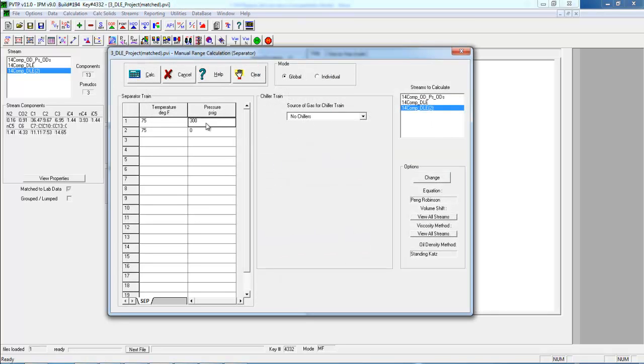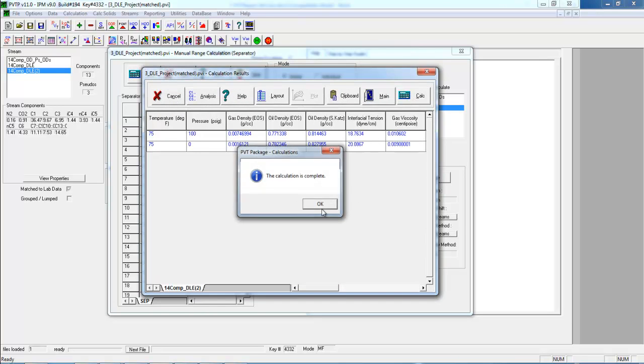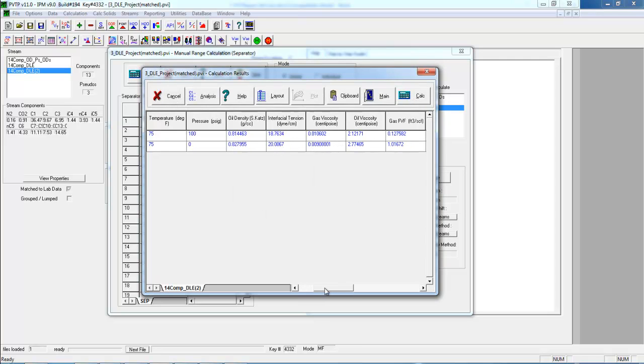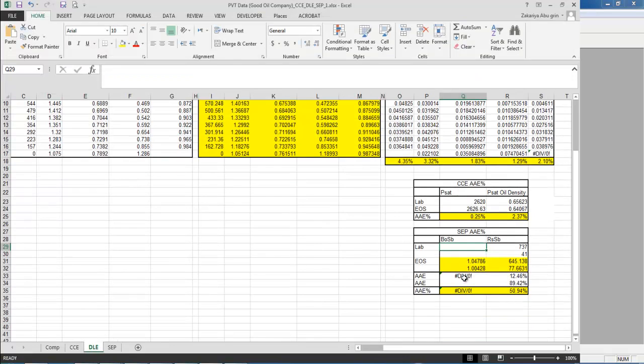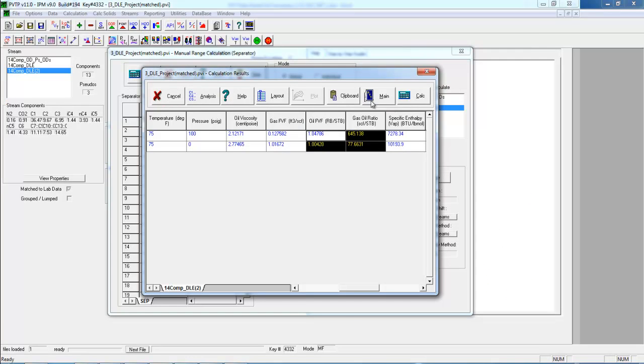And now we go to simulate the same condition, and we will compare between the calculated data and measured data. So we go back here. Yeah, I have.